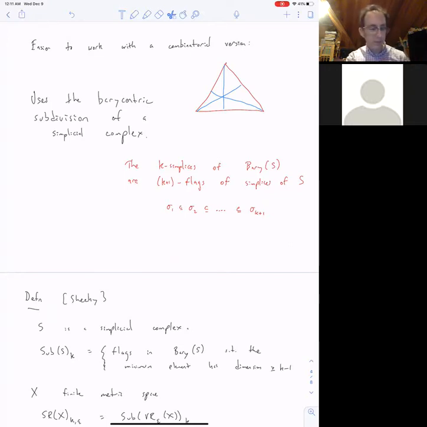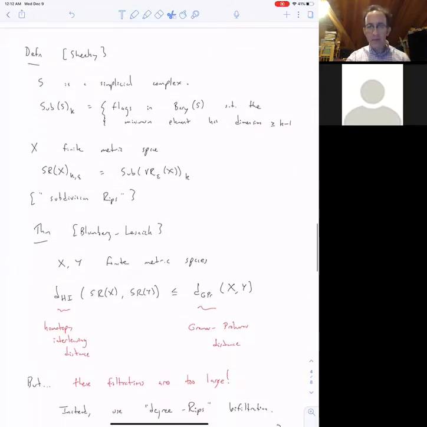And combinatorially, if you have a simplicial complex S, then the k simplices of the barycentric subdivision are given by the k+1 flags of simplices of S. So these are the chains of inclusions of simplices. And now there's a definition due to Sheehy.